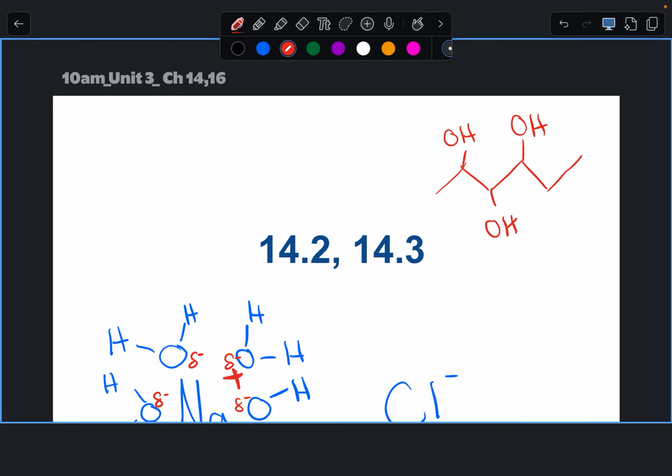Because of that, they have hydrogen bonding, and they hydrogen bond with other sugar molecules. So you'll have one, and then you'll have another come along and have a positive side interact with a negative side, right? The oxygen side is what's going to have that negative charge, and then some of those carbon-hydrogen areas are probably going to have positive charge. But there's going to be an interaction between the sugar molecules, and you're going to be breaking that. That would be another example of solute particles being broken apart.